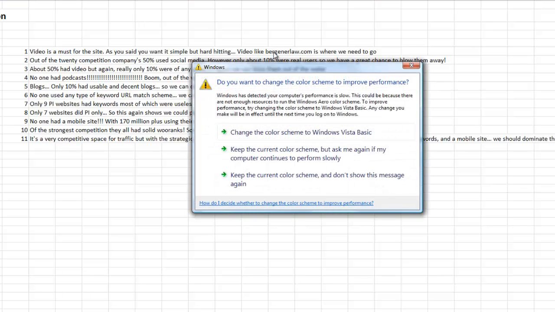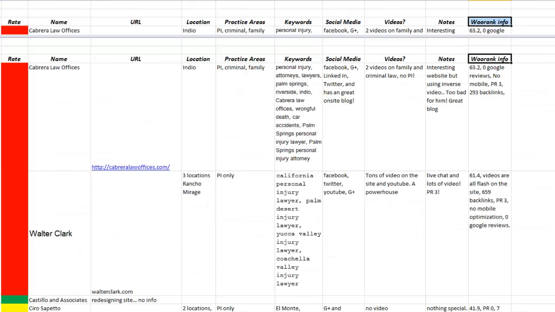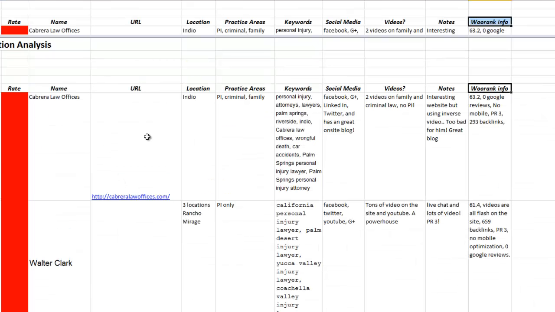They have one in here, Bergener Law. Let me go over to that and show you that website. It's pretty crazy. I mean, it's crazy good is what it is. And they're the number one. I thought, let me see, where were they here?